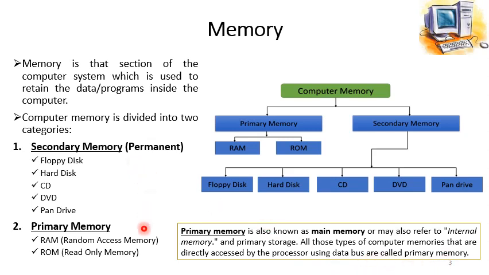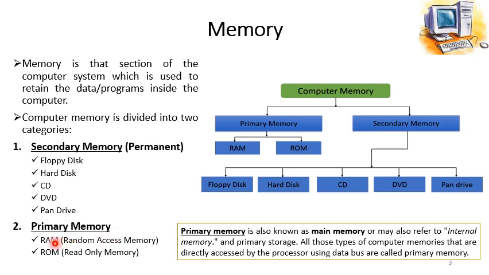Or in other words, the memory which is used during the execution of a program or data or any process is called primary memory, because such memories are directly accessed by the processor. These memories actually help the processor while processing any instruction, data or program.